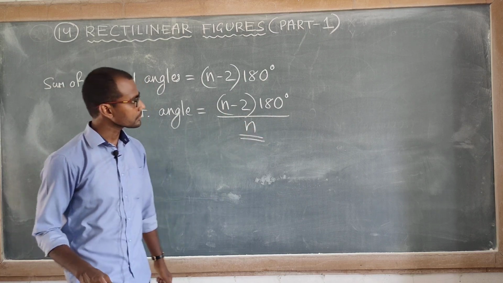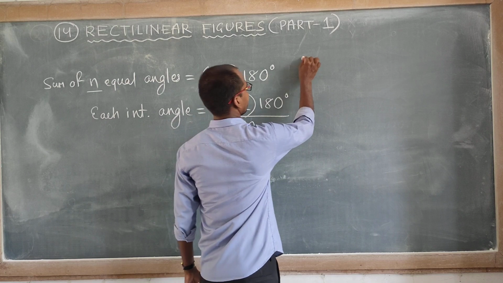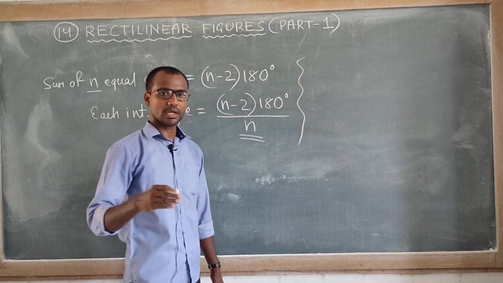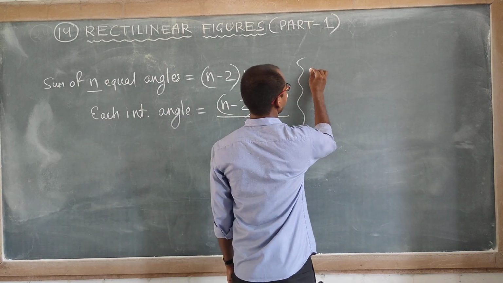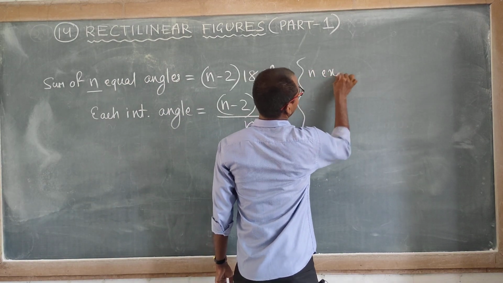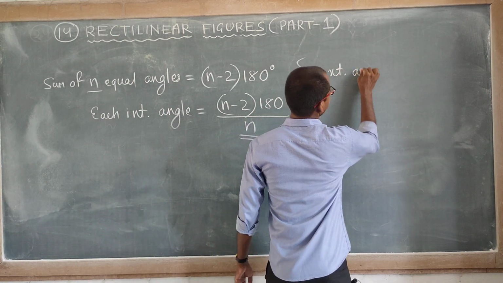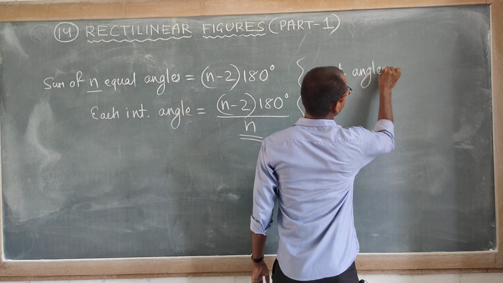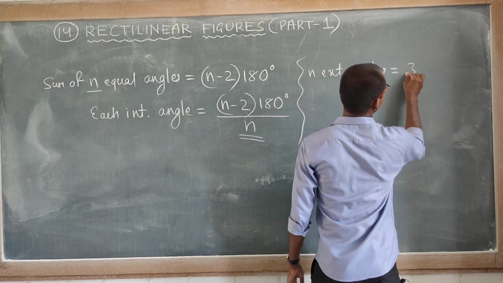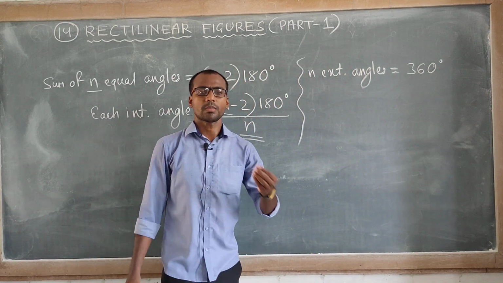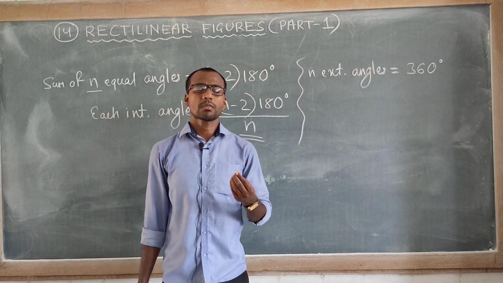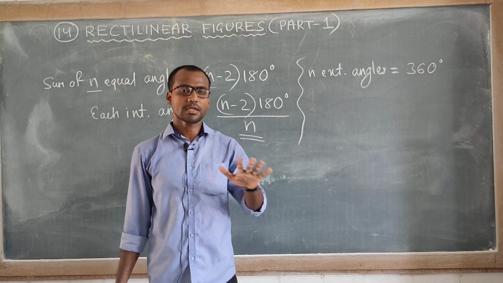Now let us go for each exterior angle. Same method. Sum of n exterior angles is 360 degree. We have studied a polygon may be regular, may not be regular, but sum of exterior angles is always 360 degree. It doesn't change.